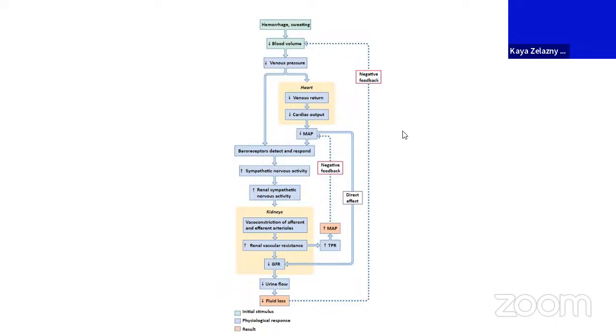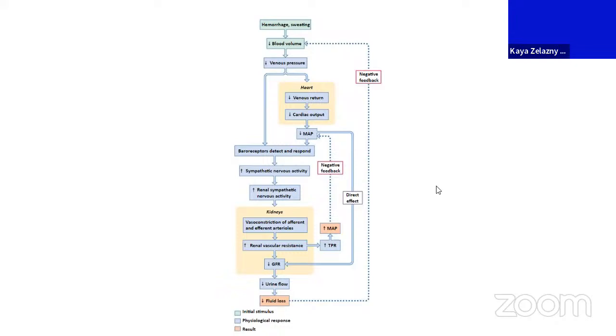But ultimately what we're trying to fix, right, is this fluid loss. We're going to try to stop losing fluid from our blood, right? We're going to be trying to maintain blood pressure, right? So it's actually kind of good that we're decreasing our glomerular filtration rate here, because this means we're going to pee out less fluid, which means ultimately our biggest bonus from this process is that we're going to keep that fluid rather than peeing it out.